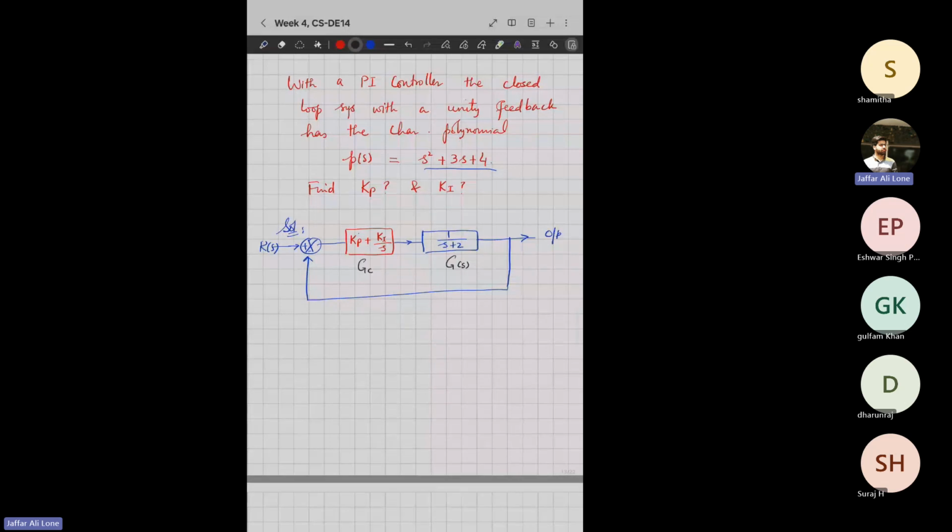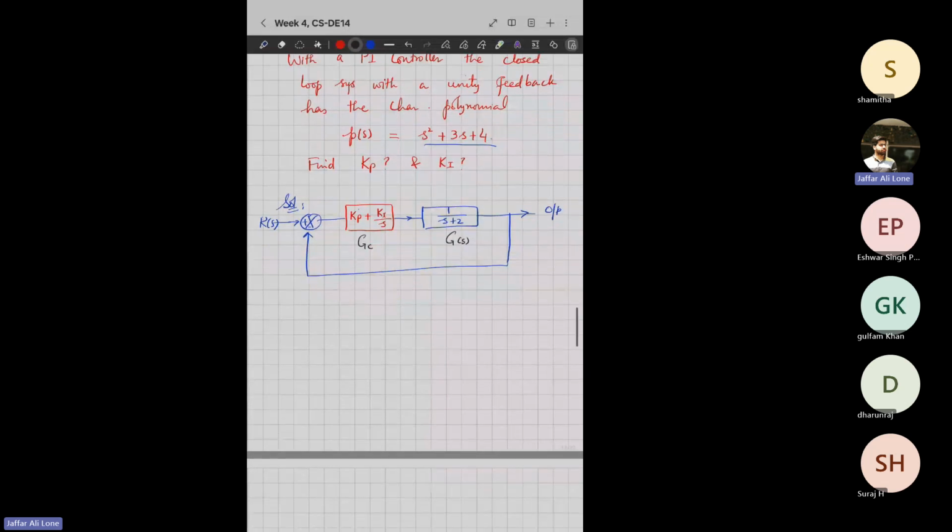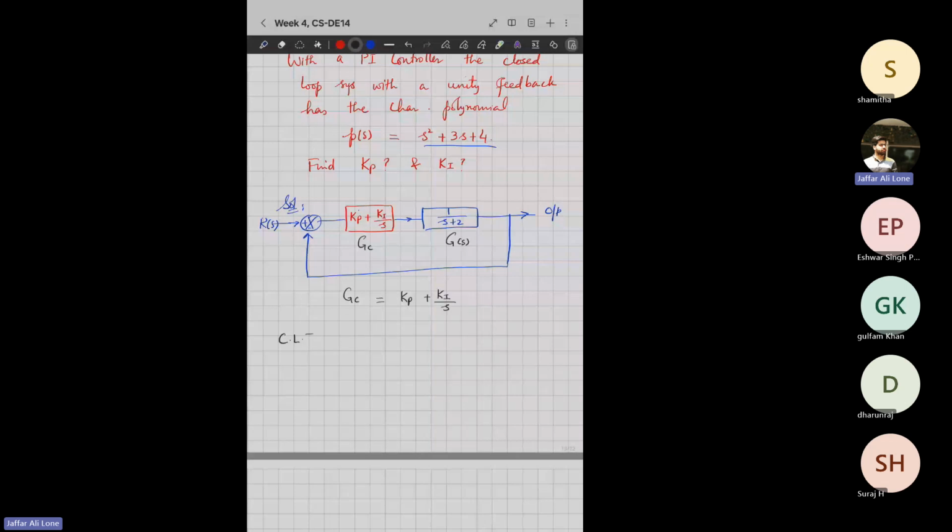So we will just write Gc is Kp plus Ki by S. Then my net transfer function CLTF will be equal to Gc into G divided by 1 plus Gc into G into H. There is no H, H is 1. So this is my closed loop transfer function.